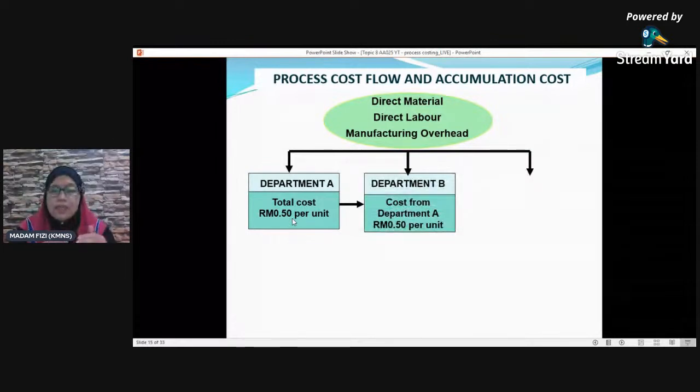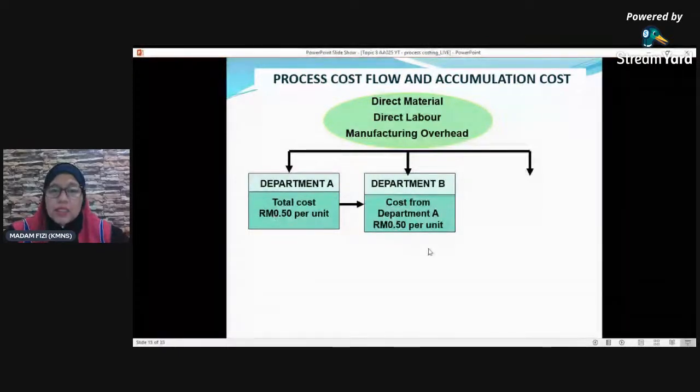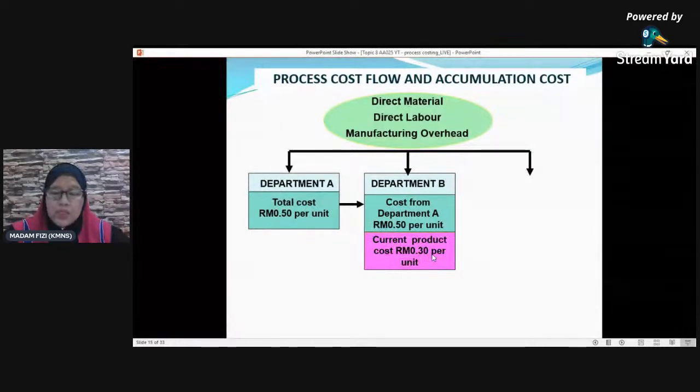And then bila kita transfer ke department B, adalah cost transferred in from department A 50 sen. Okay, and then dekat department B pun kita buat kerja. The current cost in department B is 30 cent per unit.